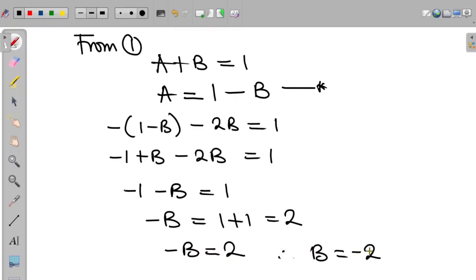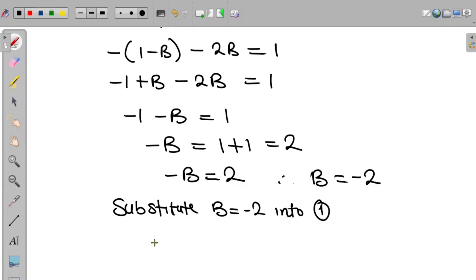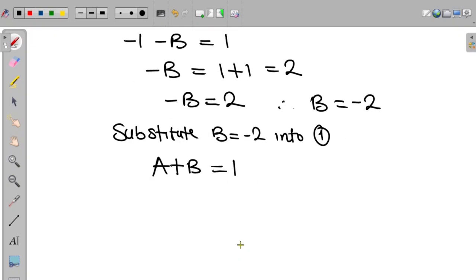Now, let us obtain the value of A. We substitute B equal to negative 2 into equation 1 or equation 2. Our equation 1 is giving us A + B equal to 1. Now the value of B is negative 2, so we have A minus 2 equal to 1.